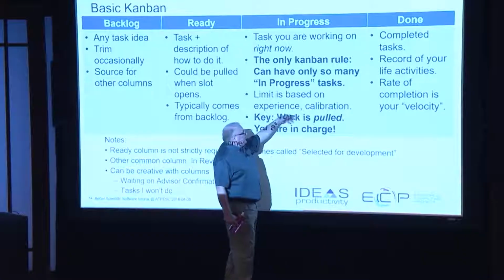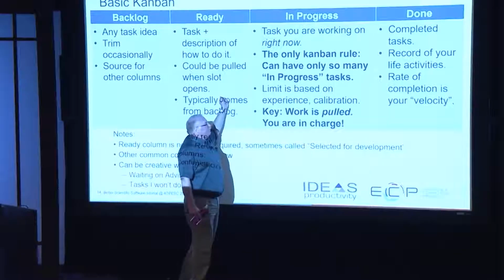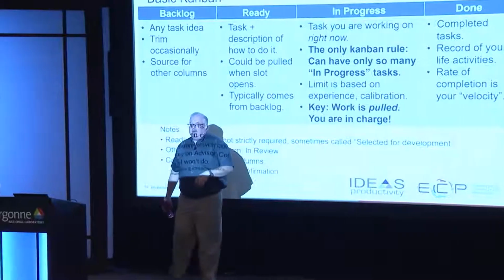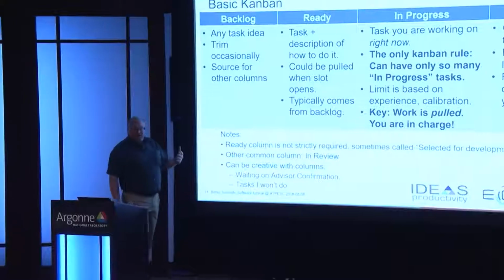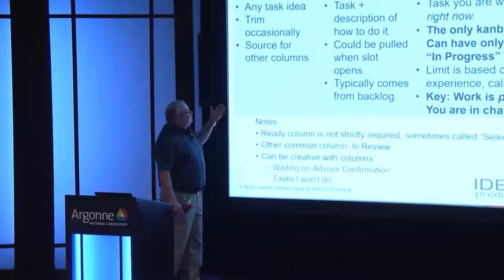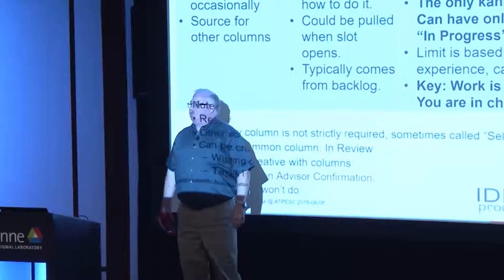And then you have a slot open here, so you pull something from the ready pile that works for you in various ways, and you start working on it, okay? And the process of managing the work, whether it's software development or any other aspect of a project, is simply this process of tracking things as they go across this board, right?